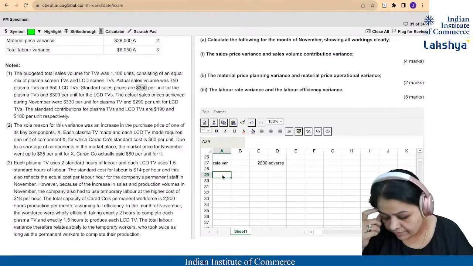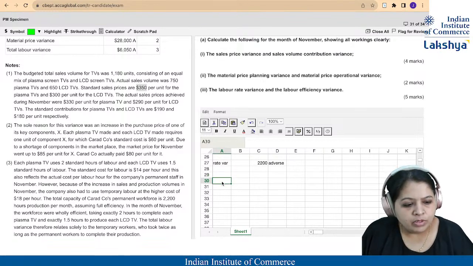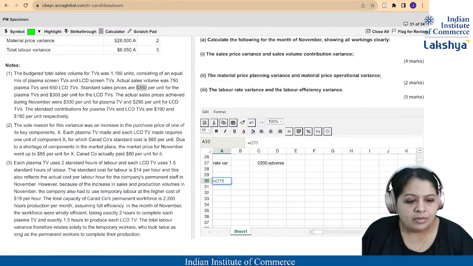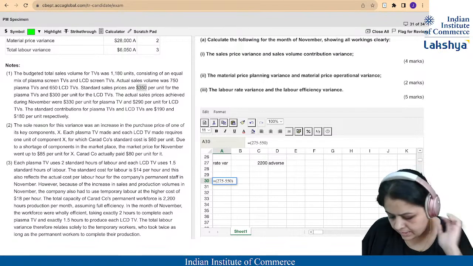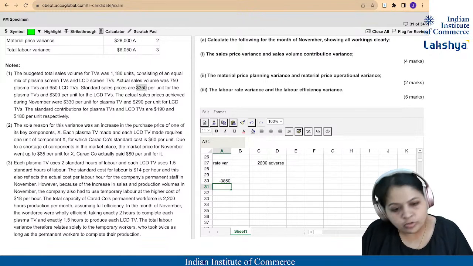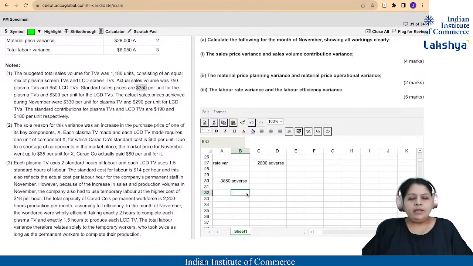And when we talk about efficiency, efficiency is definitely less than the in-house labor, right? If their in-house workers would have done it, they would have done it in 275 hours. But the outsourced laborers are taking twice the time, right? And that is multiplied by 14, which is the standard given, right? So it is going to be 3850 adverse, 3850 adverse.